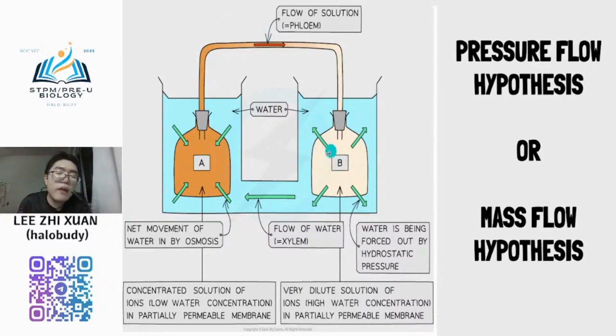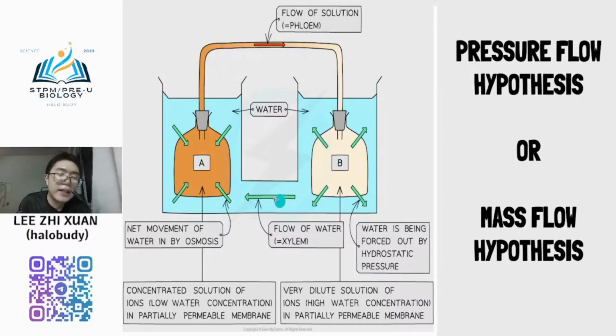When it becomes dilute, the water potential for B is very high. So the water molecules will diffuse out from B to the outside of the cell. Normally the water molecules will diffuse back into the xylem vessel.